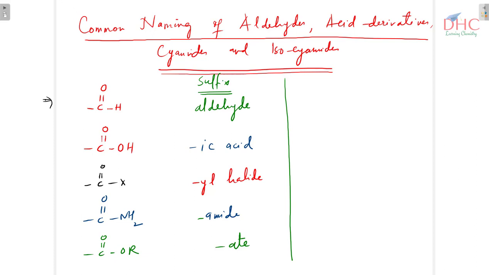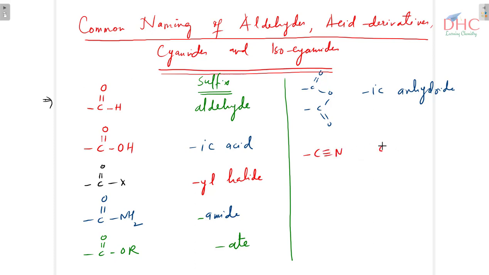Next we have one more compound, that is the anhydride. It's one more derivative. This is the anhydride group, so the name is ic anhydride. Then we have one more type of compound, that is C triple bond N, that is cyanide.